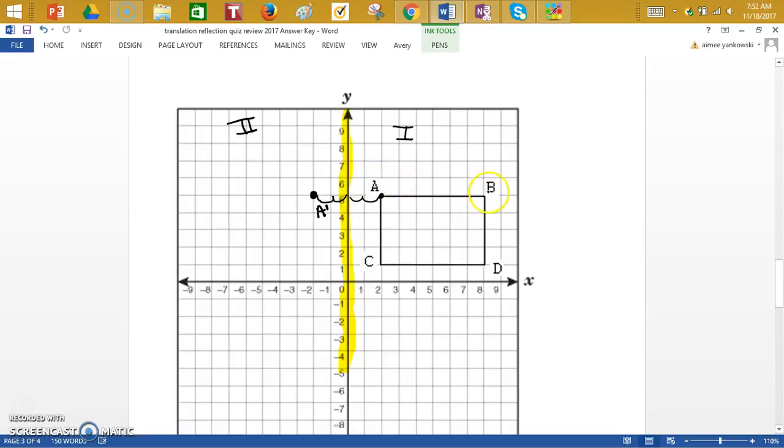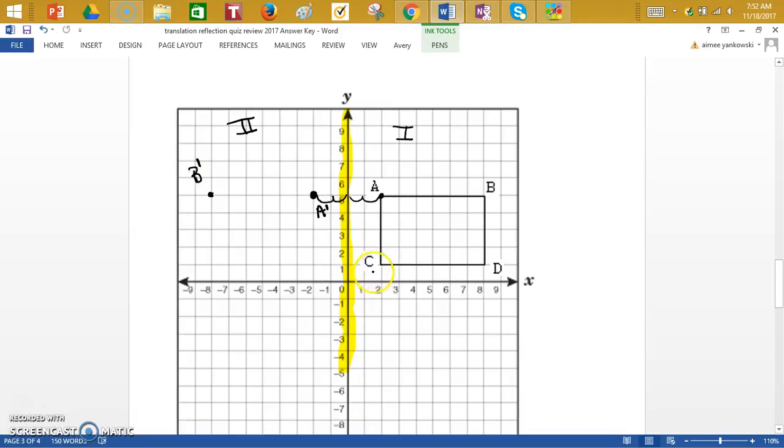So then they take a look at B and they say, okay, B is 1, 2, 3, 4, 5, 6, 7, 8 to the right. So they say, all right, B prime will be 1, 2, 3, 4, 5, 6, 7, 8 to the left of that mirror line. Then they label that B prime.